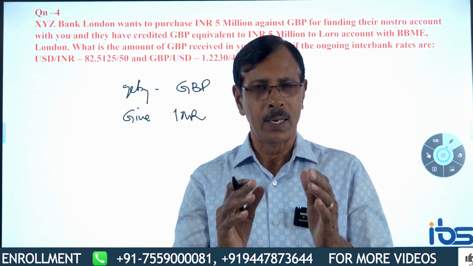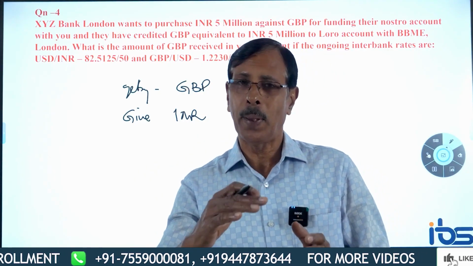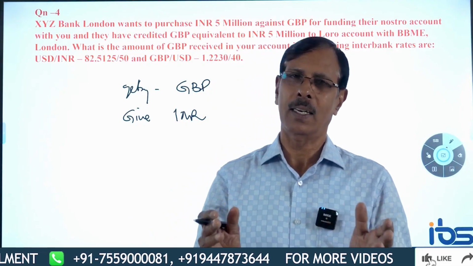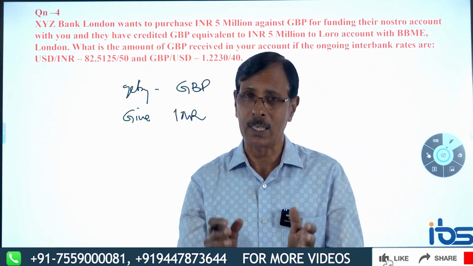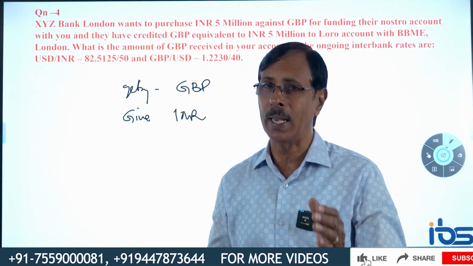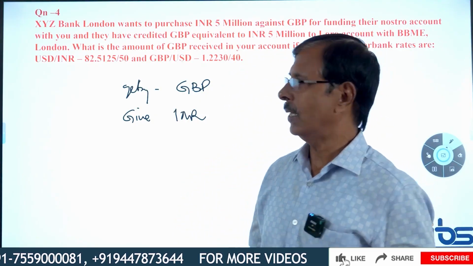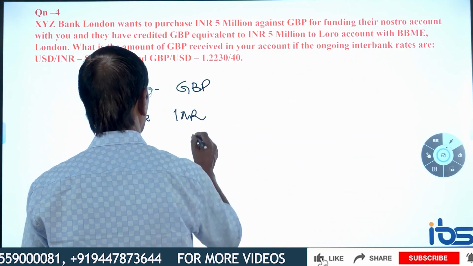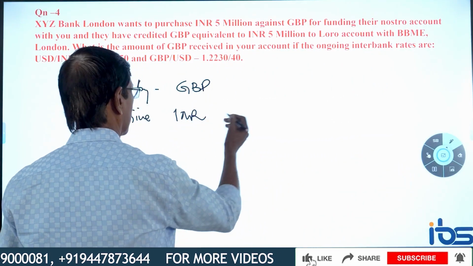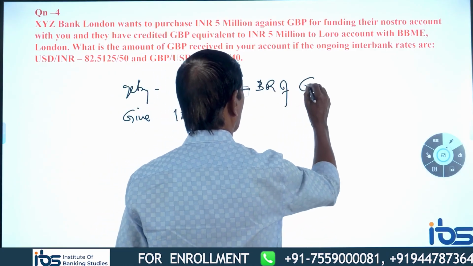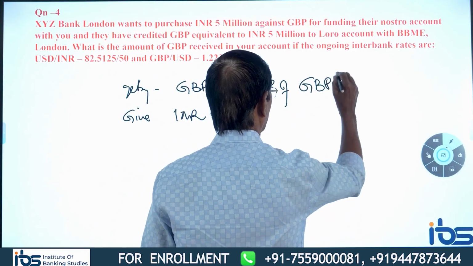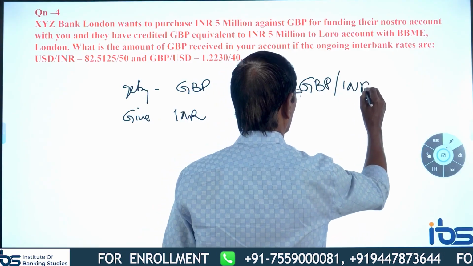When you receive Indian rupee and pay foreign currency, it's a selling transaction for you. Here you are receiving foreign currency, you are receiving GBP. Therefore, it is a buying transaction for you. And what is the rate you require? You are getting GBP, you have to pay Indian rupee. So, we want the buying rate of GBP in terms of Indian rupee.